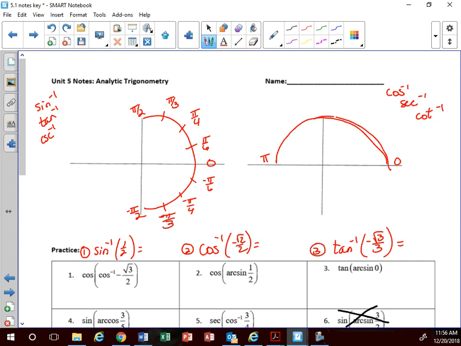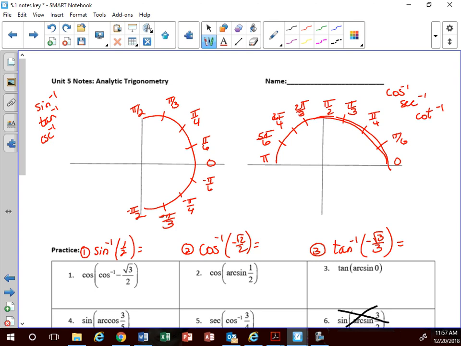So my labels are just normal, okay? Because I'm just going from the first quadrant into the second quadrant, and that's it. So I'm looking at pi over 6, pi over 4, pi over 3, pi over 2, 2 pi over 3, 3 pi over 4, and 5 pi over 6.